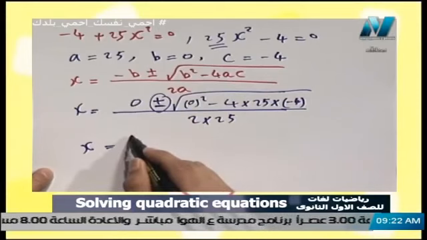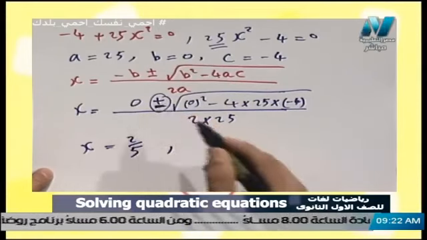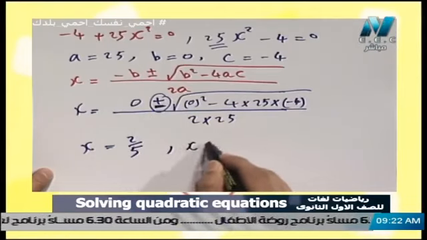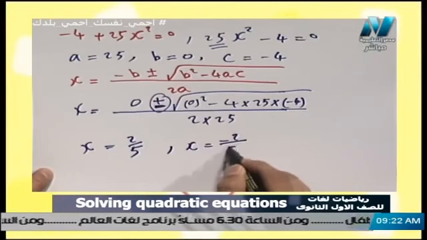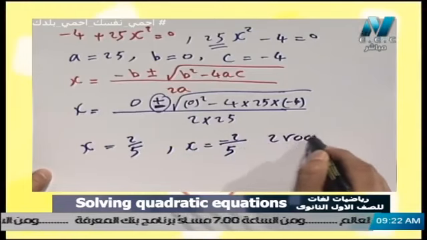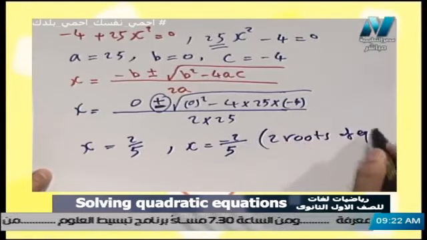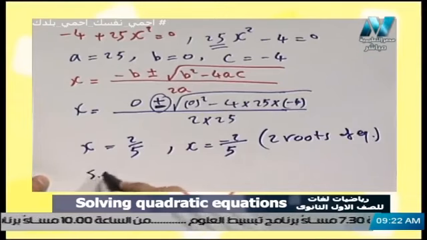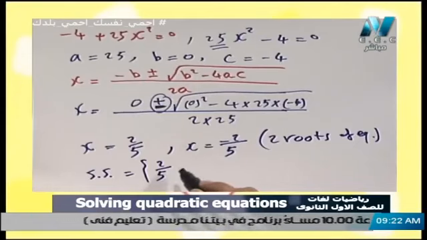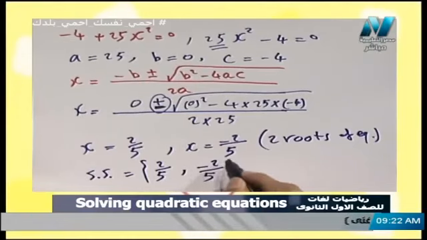The first solution will be 2 over 5, and the second one, when we put minus here, will be negative 2 over 5. And these are the two roots of the equation, and we can write the solution set equals 2 over 5 and negative 2 over 5.